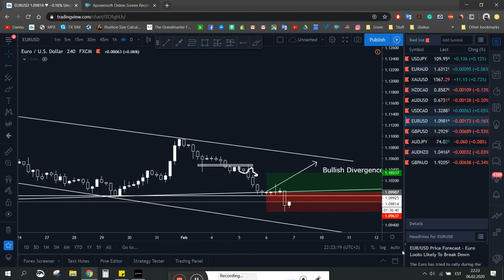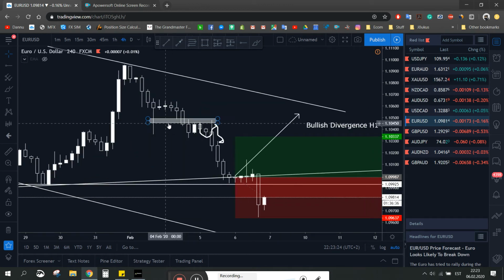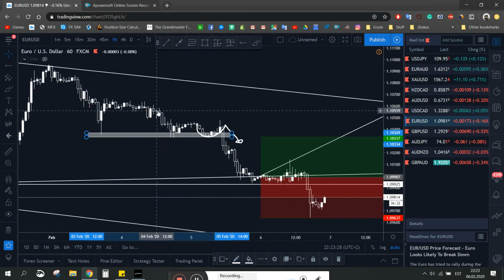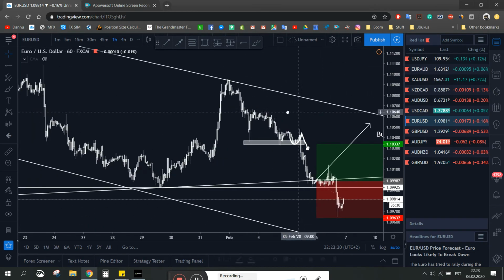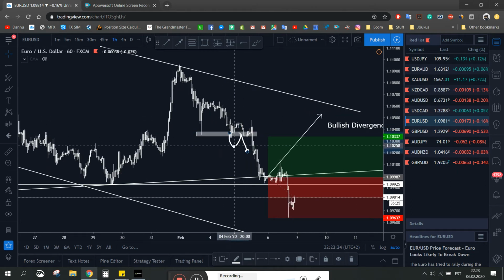Price ended up doing exactly what I thought it might do. I had my levels drawn wrong. This level was over here, it's better on the monitor, and I had drawn this thing. I drew this. Price was over here, so I thought it might go down like this.